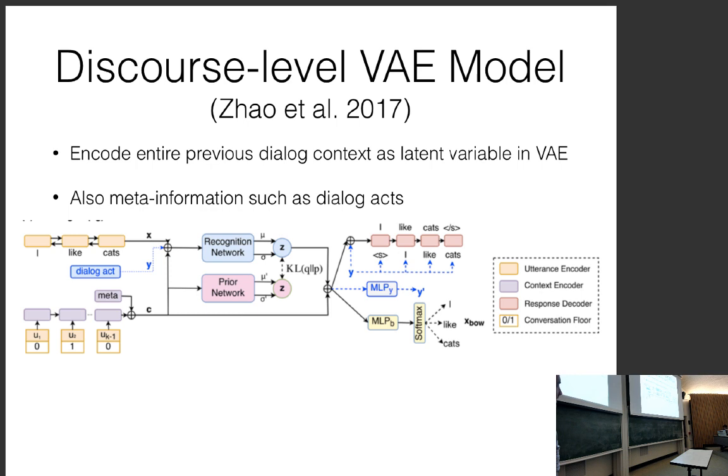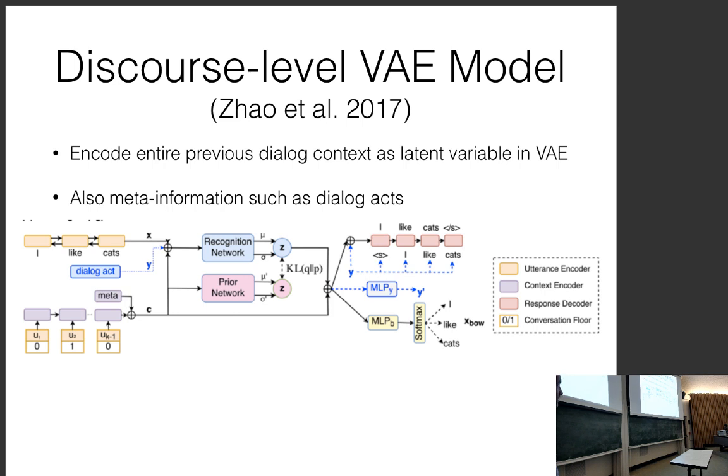So one other thing that they have is essentially an MLP that tries to predict the vocabulary over the bag of words, and also an MLP that tries to predict the dialogue act. And the reason why they have these things here is that if you just have the decoder that tries to generate the words, this is a common problem in VAEs, but if your decoder is too strong, essentially this decoder will learn to ignore the latent variable that you get over here.